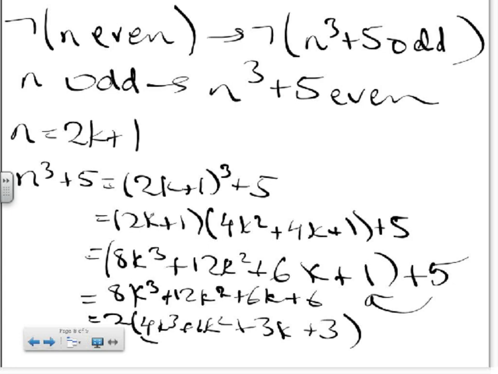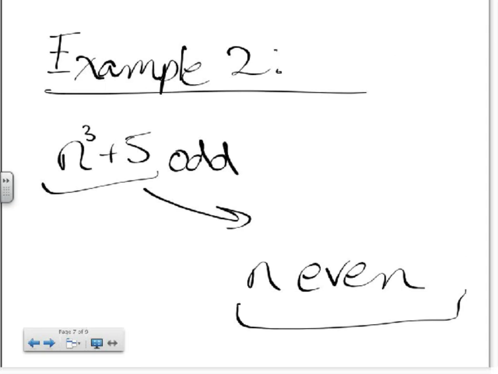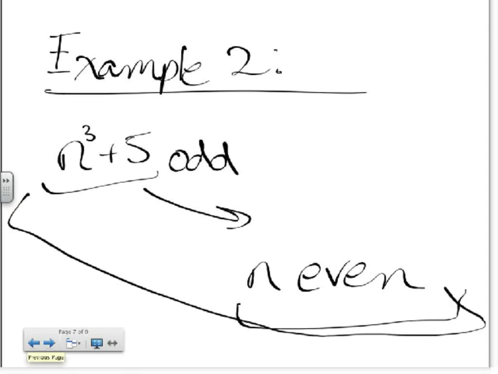Because this is some integer, let's just call it a, n cubed plus 5 is equal to 2 times a. And that's just the general form of an even number. So we have just shown that if n is odd, then n cubed plus 5 has to be even. Because we've proven the contrapositive of the initial statement, and because they're equivalent, we've just proven the initial statement that if n cubed plus 5 is odd, then n is even.